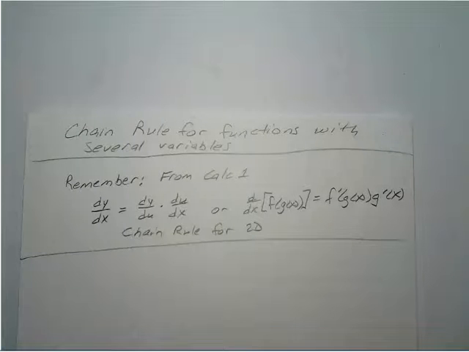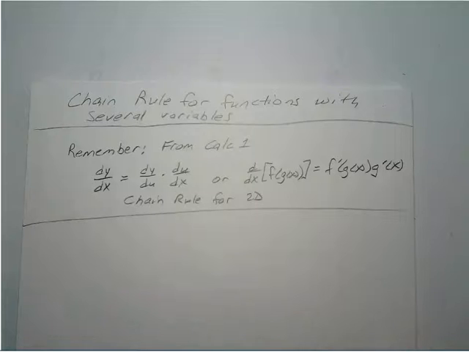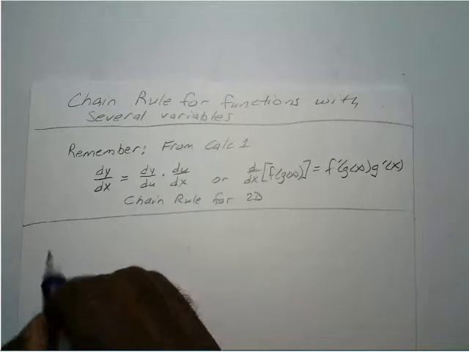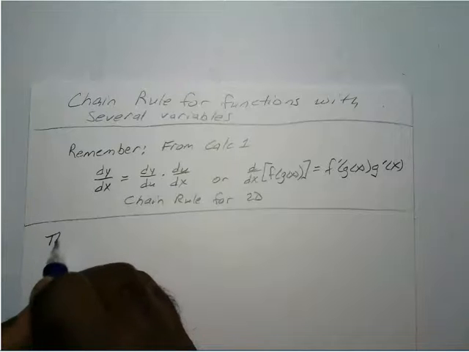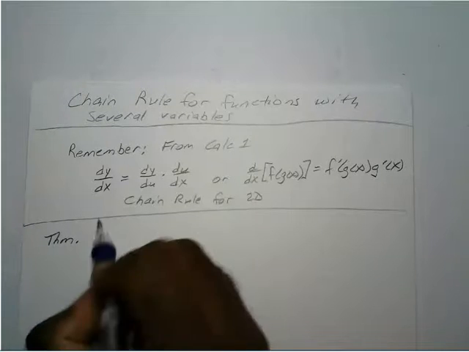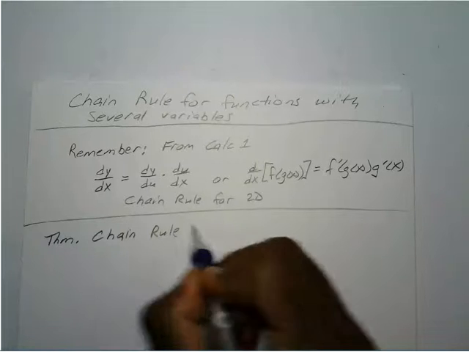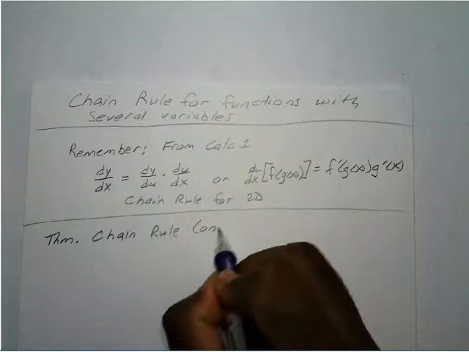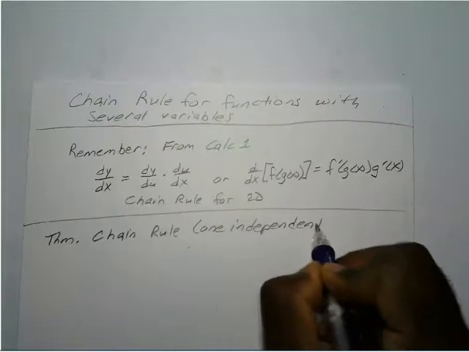Okay, so now we're going to look at our chain rule for one independent variable.